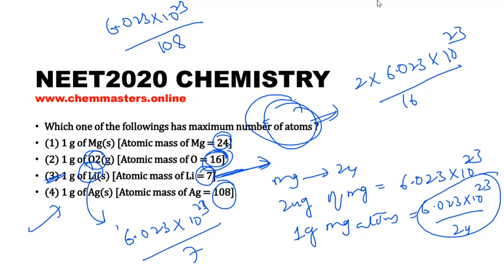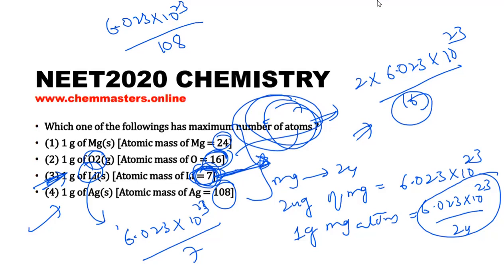You can see the number of atoms for lithium is highest. Whenever the denominator is small, we get a larger number. So based on that, we can give option 3 as the correct one by just looking at the atomic mass of lithium. The smallest atomic mass will give the maximum number of atoms in 1 gram of the atom or molecule.